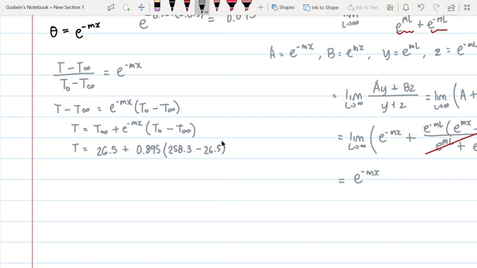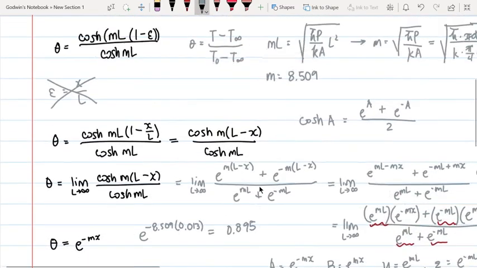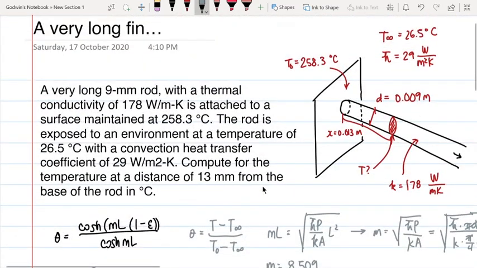That gives me 233.96. 233.96 degrees Celsius. And that's, oh my goodness. Hello, okay. And that gives us the answer for this really confusing problem with a really long fin.